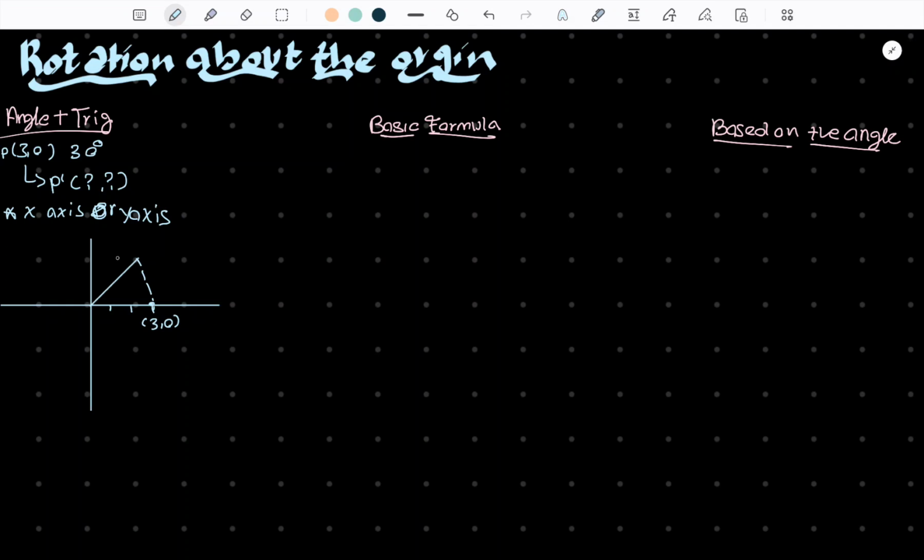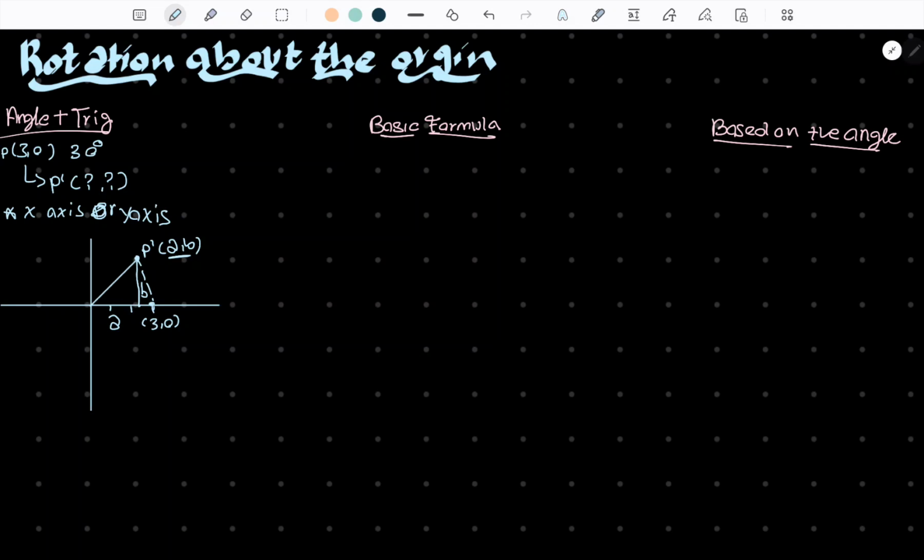So the next thing we're going to do is draw a line from P prime, A comma B, to the x-axis. So we have this point. Here the vertical change is going to be B and the horizontal change is going to be A. When you add everything up, you just get this point.